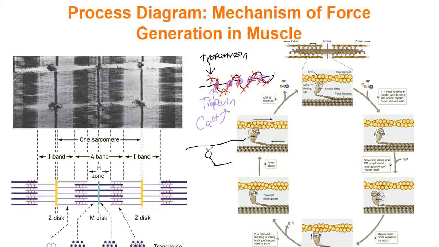So that's like the very beforehand step. Then once actin is naked, that is, there's no troponin or tropomyosin, myosin just binds to it. That's what it does. Unless there's ATP also bound to myosin, it just grabs onto actin.